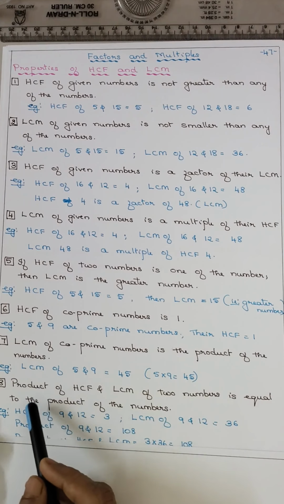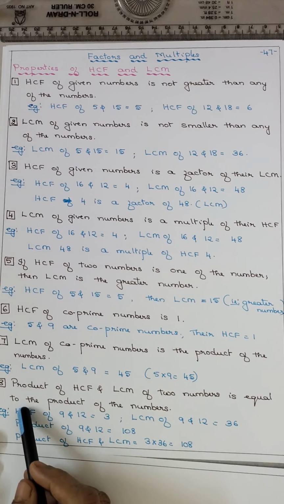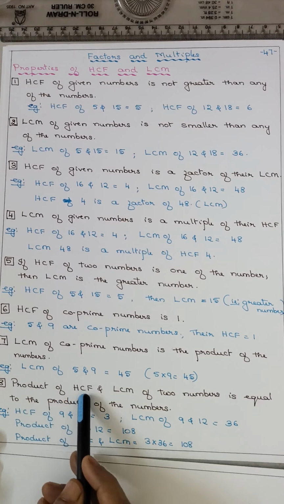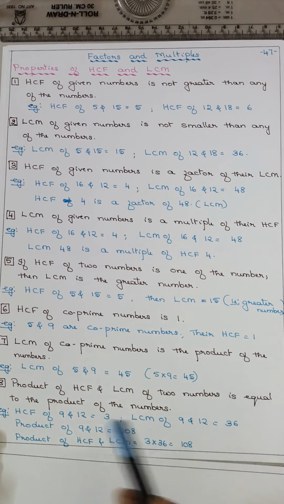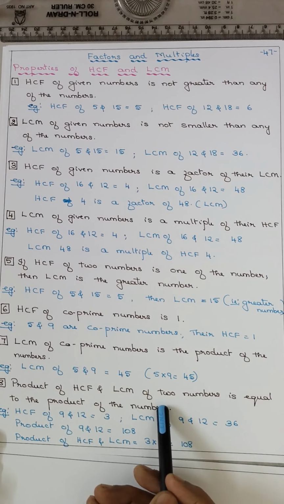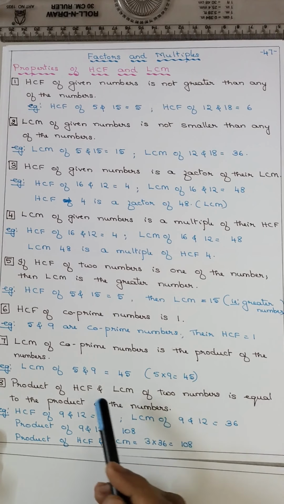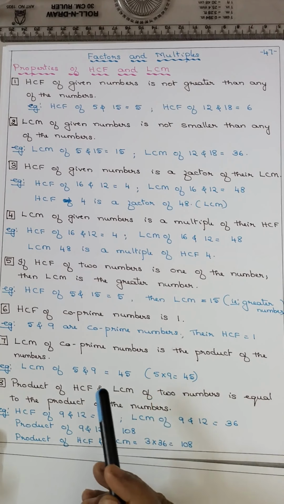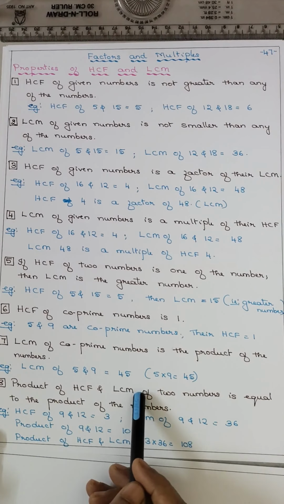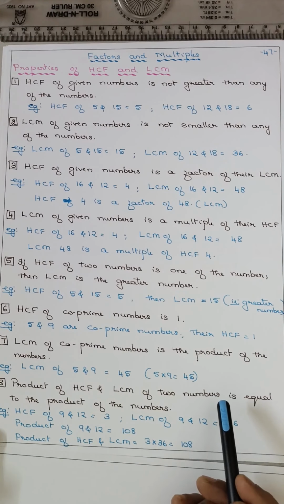Now coming to the last property, which is very important for calculation. The product of HCF and LCM of two numbers is equal to the product of the numbers. So two numbers are given, you find out the HCF, you find out the LCM, multiply the HCF and LCM, and the answer will be the product of the given numbers.